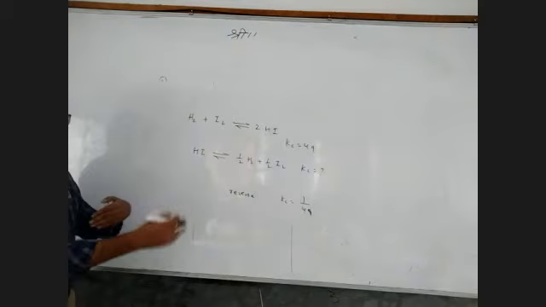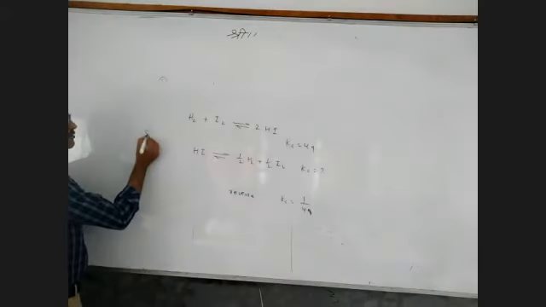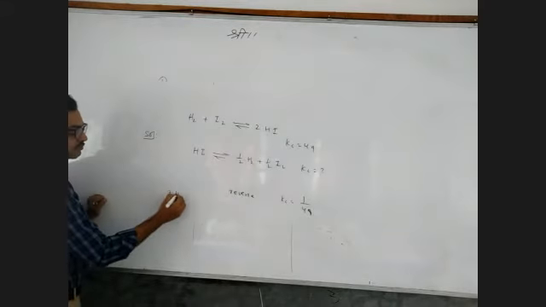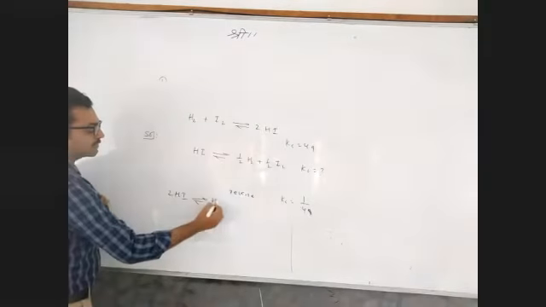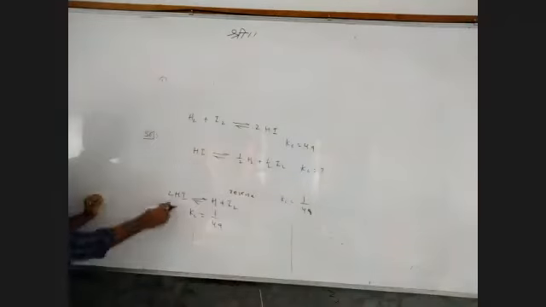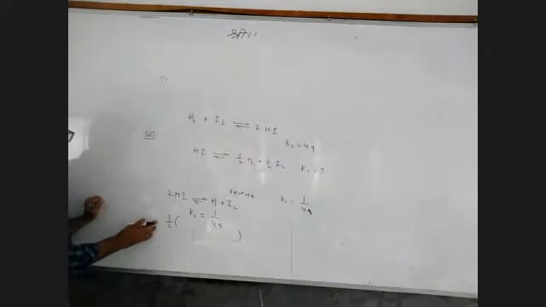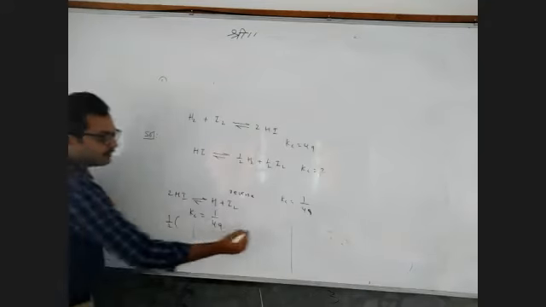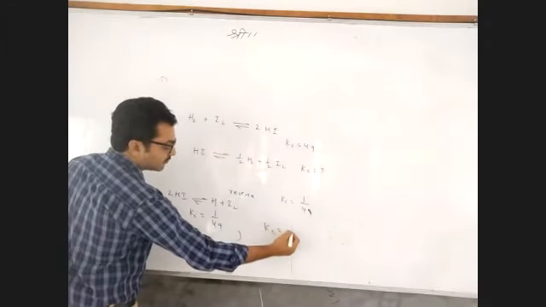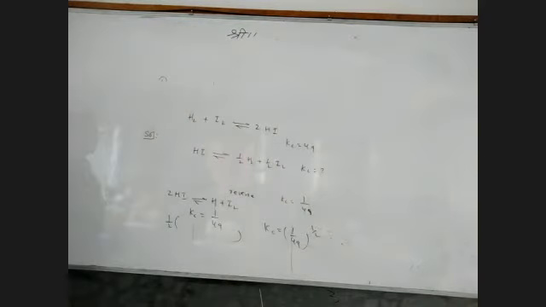If you reverse it, 2HI gives rise to H2 plus I2, the equilibrium constant is 1 by 49. After that, we want HI, so multiply by 1 by 2. If you multiply the equation by 1 by 2, the equilibrium constant will be raised to that power. So 1 by 7. What is the answer for 1 by 7? 0.111 and so on, right?